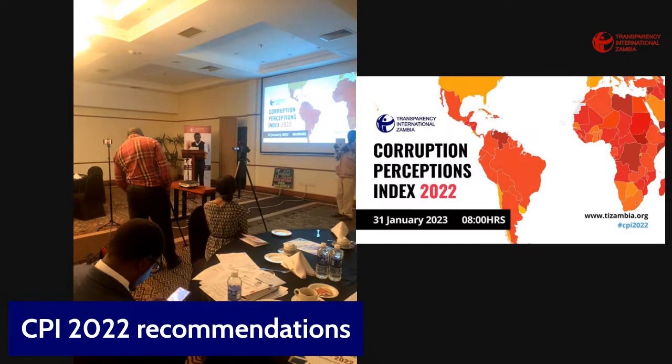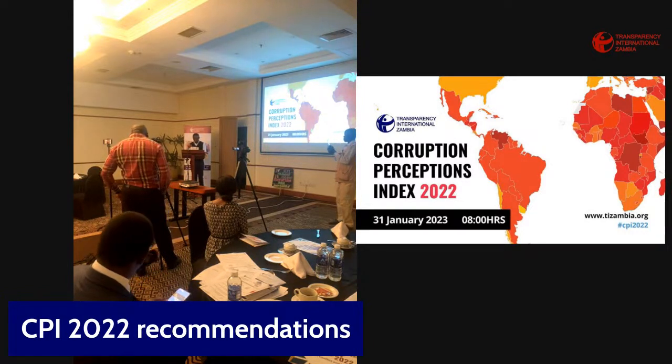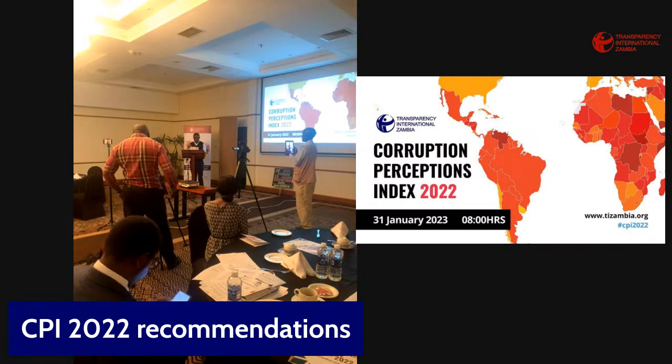May I just say, ladies and gentlemen, good morning. May I also join in extending a warm welcome to you all to this very important launch of the 2022 Corruption Perception Index.